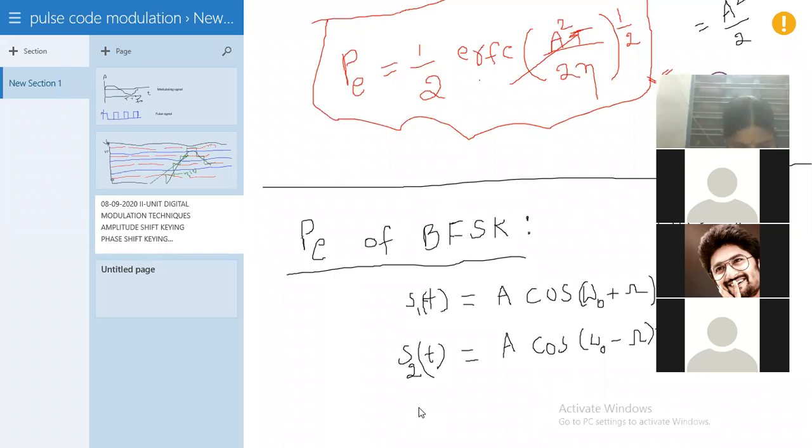Okay, then S1 of t equal to minus S2 of t. In this case, in FSK, please respond.